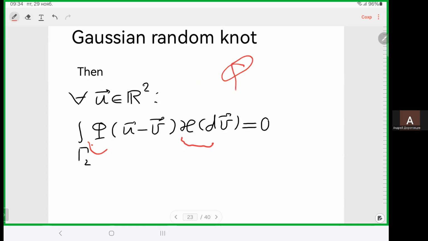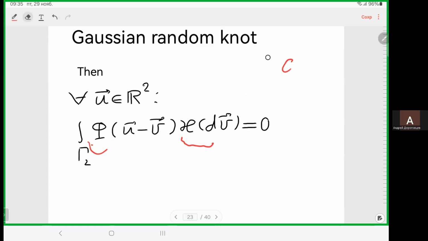This is a convolution, phi convolved with kappa, at least in the sense of Schwartz distribution theory in R2. So we conclude that the convolution of our kappa, the signed measure placed on the initial curve, in our case a circle, in R2, with the function phi is identically equal to 0.